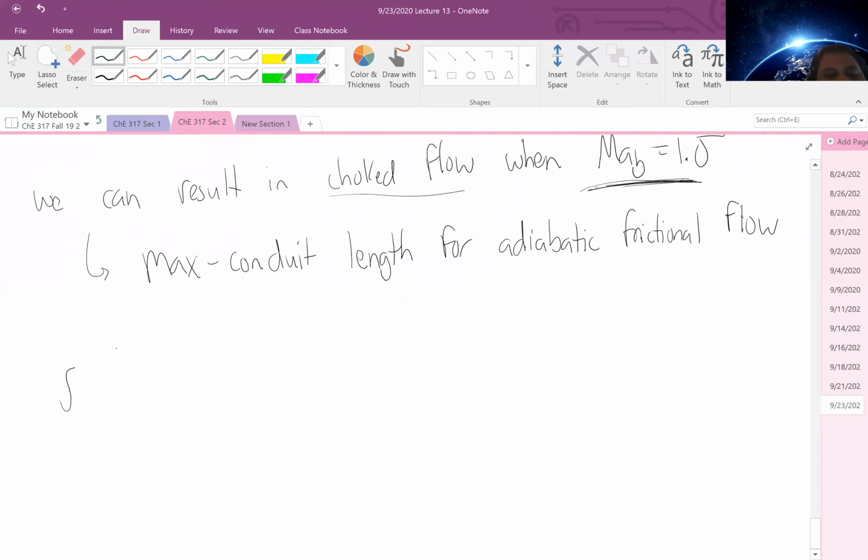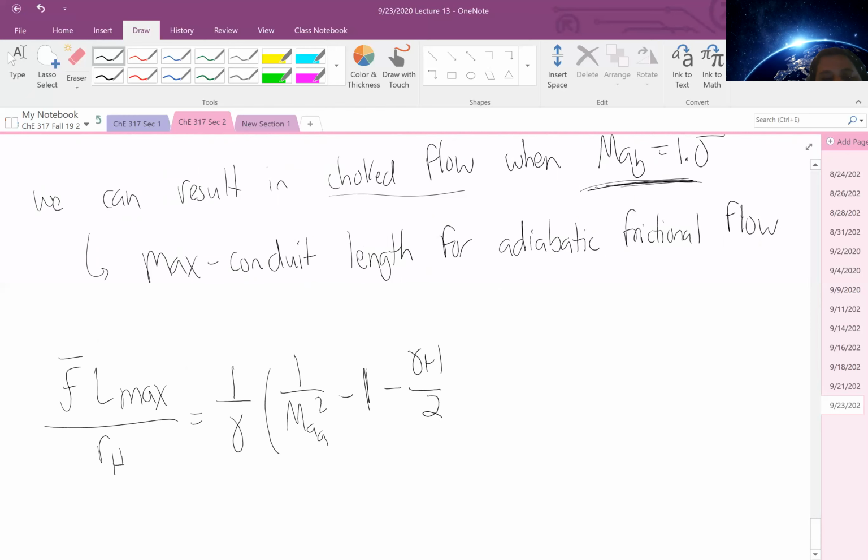And so we can rewrite equation 638 like this: 1 over Mach number A squared minus 1, divided by gamma, plus 1 over 2 times the quantity of ln of 2 times 1 plus gamma minus 1 over 2 times our Mach number A squared, divided by our Mach number at A squared times gamma plus 1.